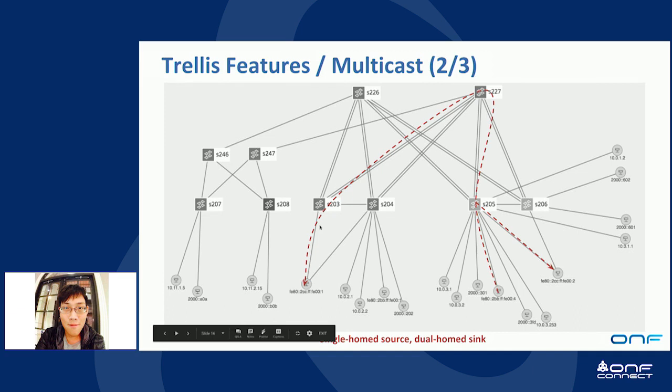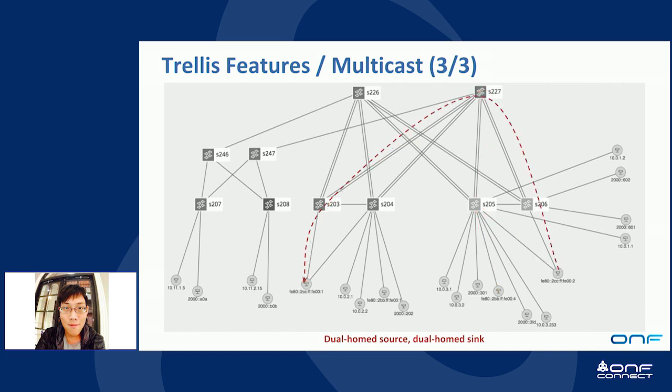The interesting part of this is that, let's say if this link goes down on 203, between 203 and this sink, Trellis will detect that, and it will actually reroute the multicast traffic to 204 and go to the sink on the other path. So it will recover from link failure.